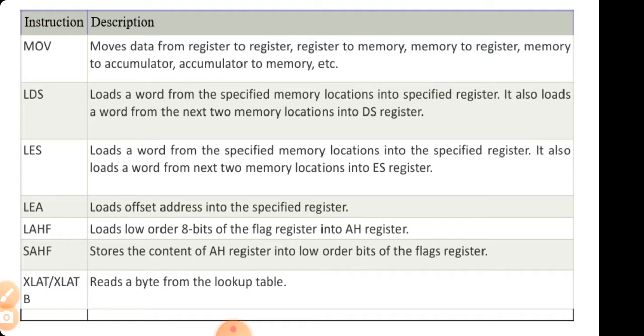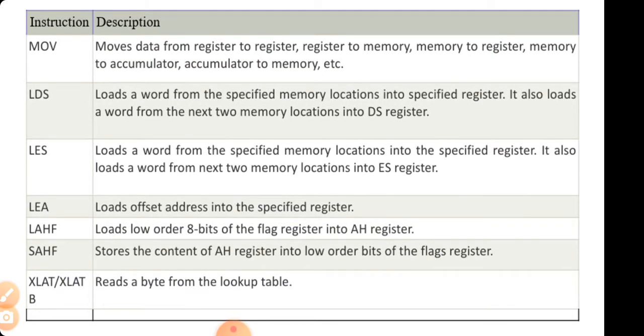What is the ES register? ES is nothing but the extra segment register. Here we can load the next memory location address into the ES register, as well as we can load a word, means 16-bit memory location data, into the specified register. That is the LES instruction.